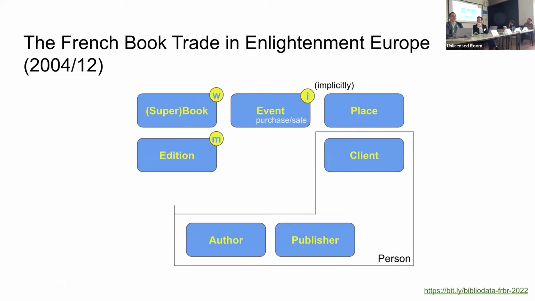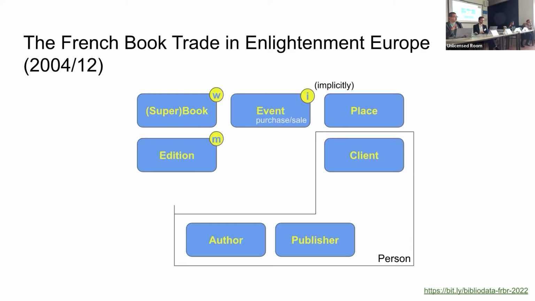The French Book Trading in Enlightenment Europe database is one of the most well-known databases. It is based on a single printing house, the Neuchâtel Typographical Society.